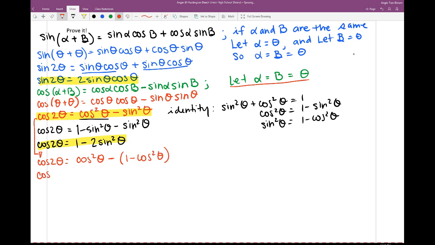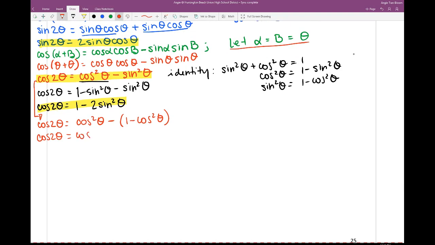Then from here, cosine of a double angle is, distribute the negative sign to see what I have, minus 1 plus cosine square of theta. Combine like terms, cosine 2 theta equals 2 cosine square of theta minus 1.